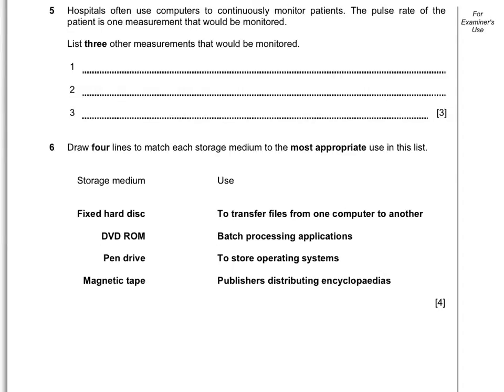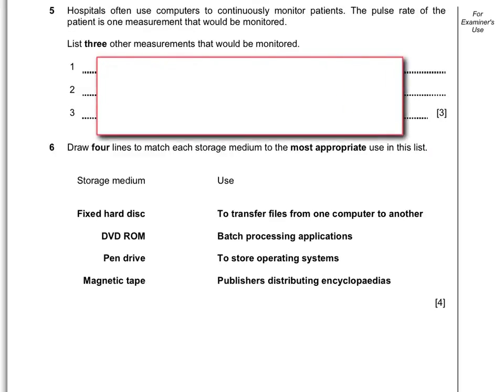So I'm just going to draw a quick box. This is for 3 marks, and then for the answer, what we have is temperature, because that's one way of measuring the temperature of your body.